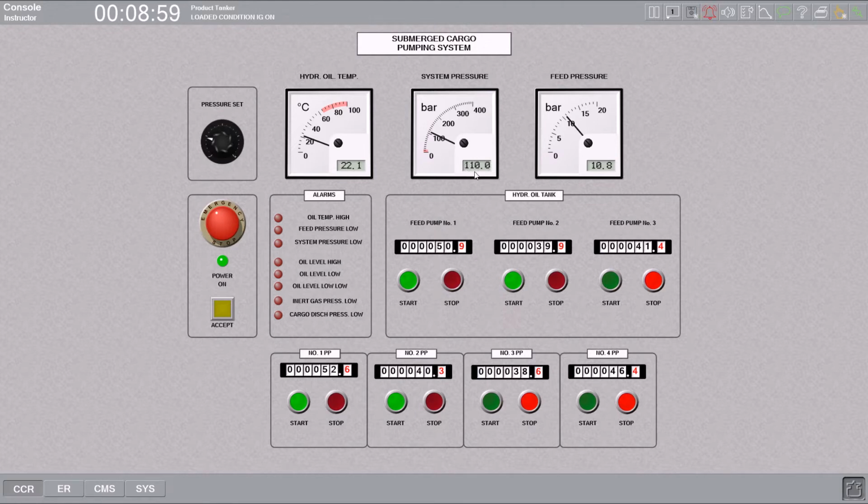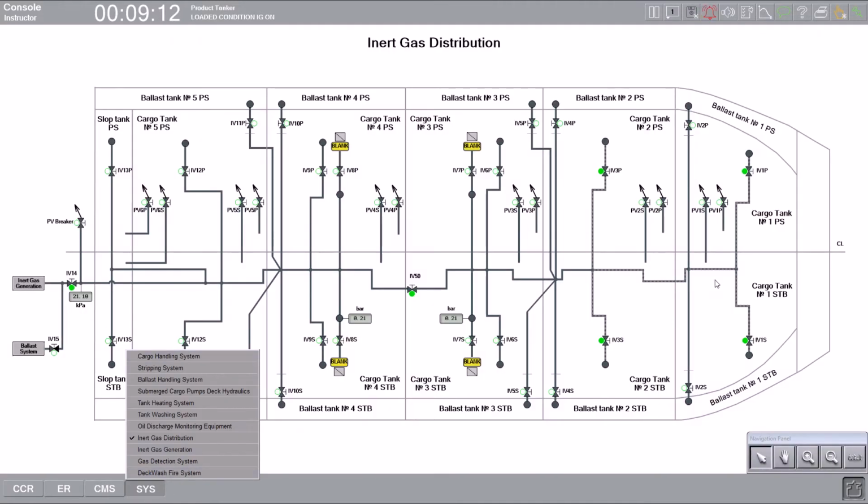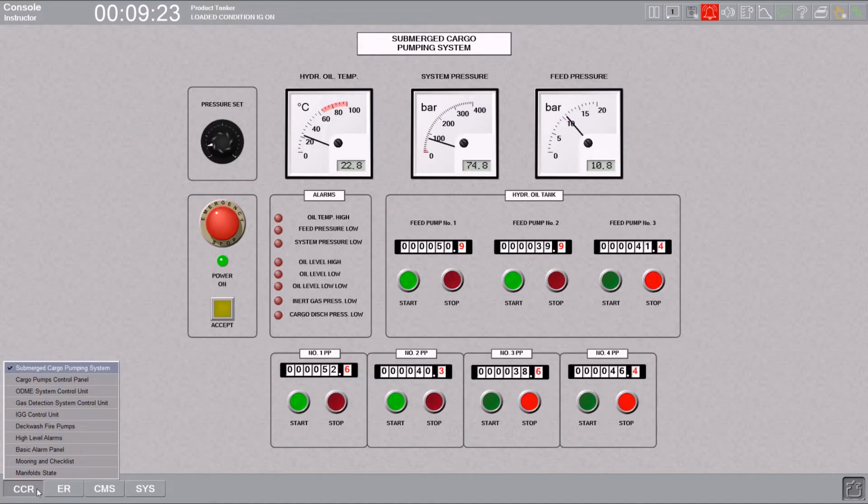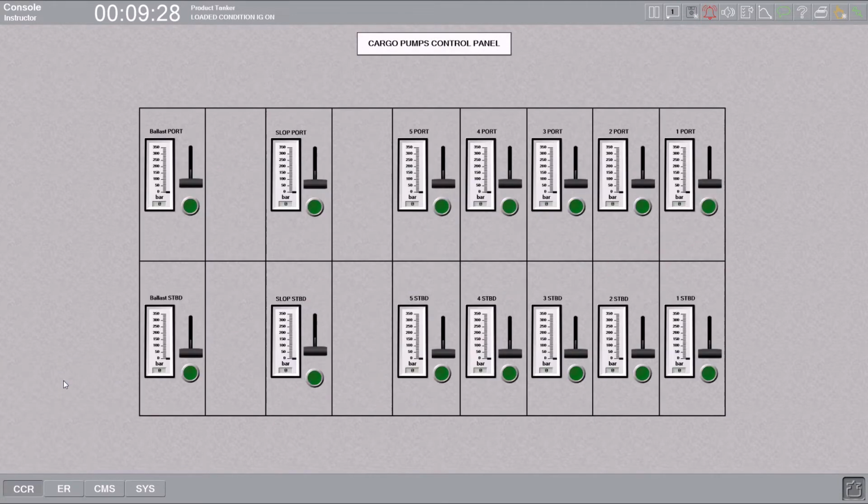The power packs are raising the pressure here. And we have to start the pumps now. The pumps must be started against the closed discharge valve. So first we have to build up the pressure and after that only start to open the discharge valve.